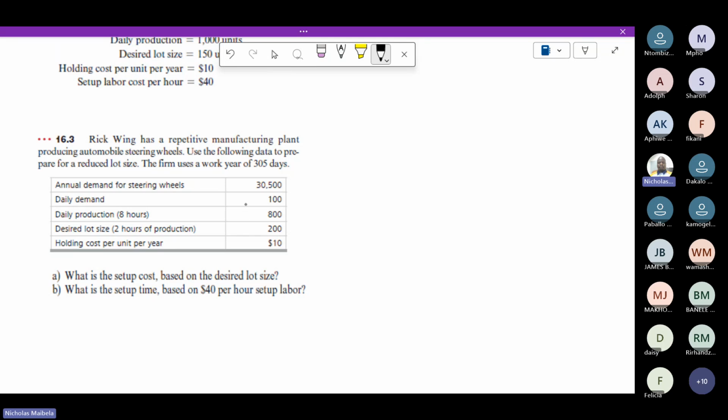What is the setup cost based on the desired lot size, and what is the setup time based on a 40-hour setup? Here we have our demand, daily production, desired lot size, which is our EOQ, and then holding cost.